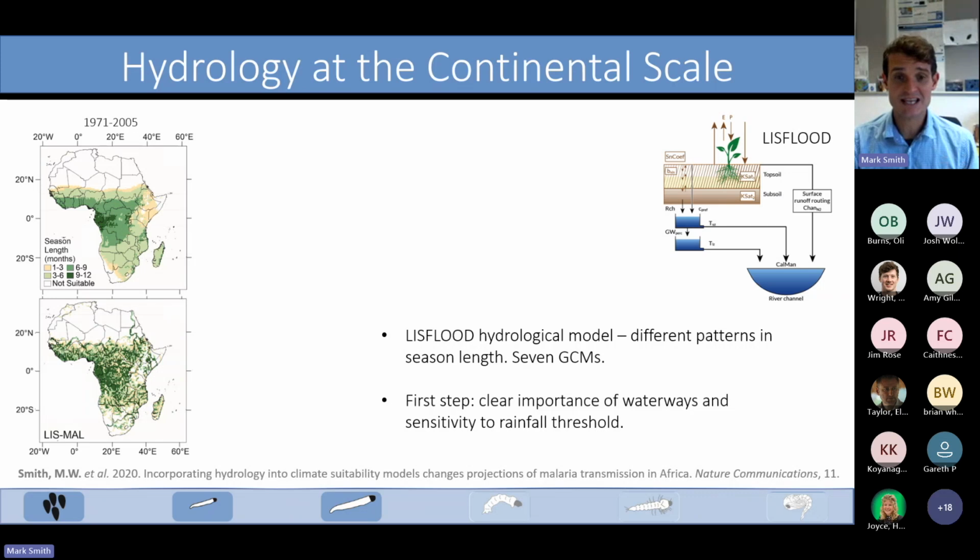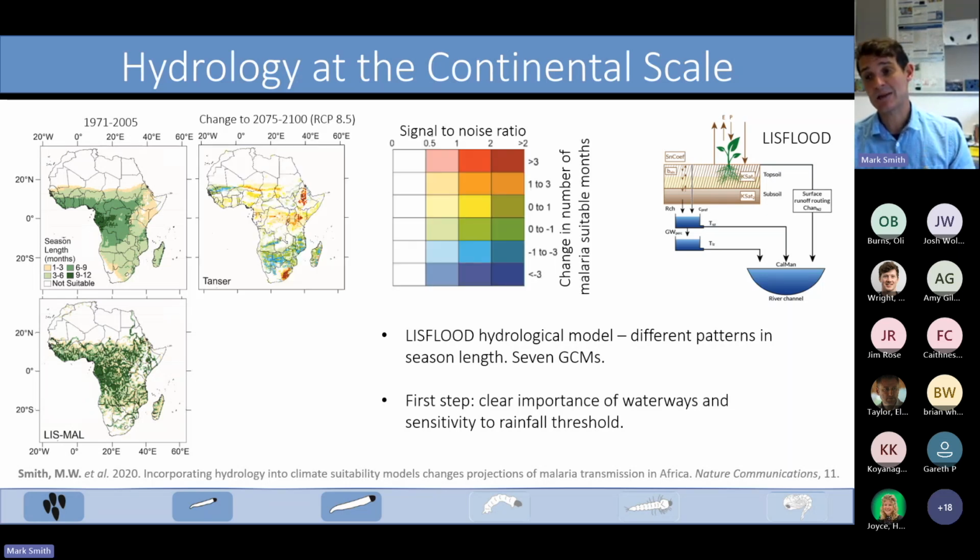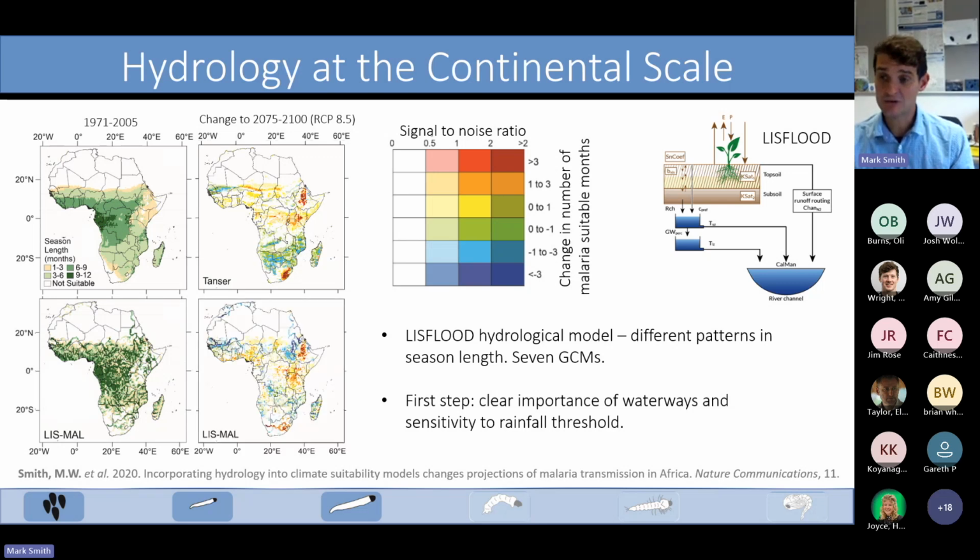But you can see a clear difference in outputs. Rivers emerge as important foci for malaria transmission year round. But we see in a map of how that might change to 2100. That's the rainfall-driven map. That's the hydrological-driven map underneath. And we see areas of both increasing and decreasing suitability for malaria in the future. I'm not going to go into any more detail because you'll see this again in a couple of slides.